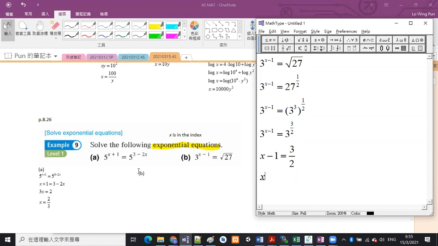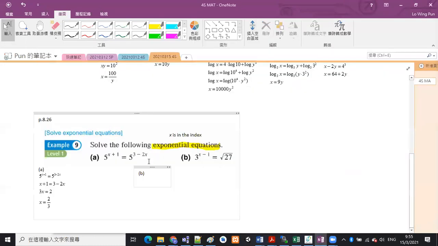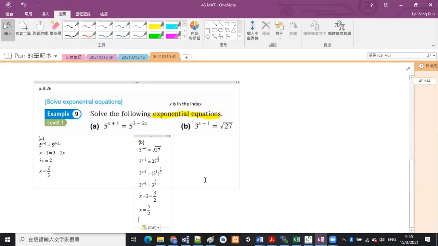Okay, then x is equal to 5 over 2. 當我哋可以寫到佢哋兩邊都係同一個 base number 嘅次方，我哋就可以淨係寫低佢哋嘅次方相等，咁我哋就可以計到個 x 出嚟。Is that okay?